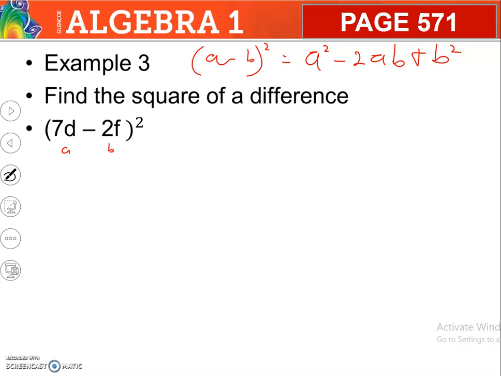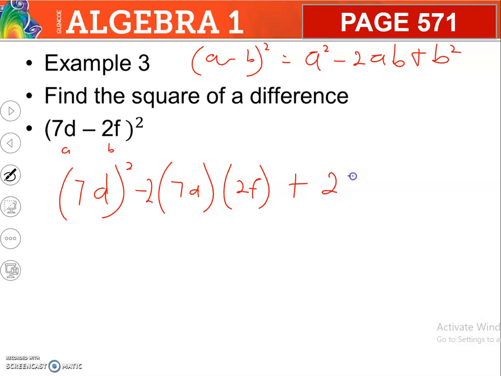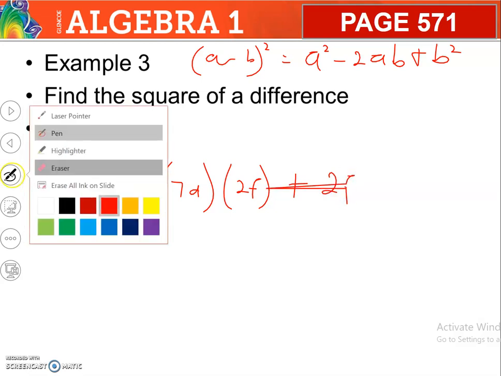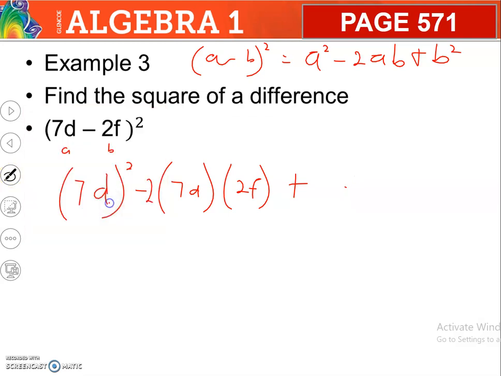So in representing 7d by a, we have 7d squared minus 2, a is 7d and b is 2f, plus b, which is 2f, all squared.